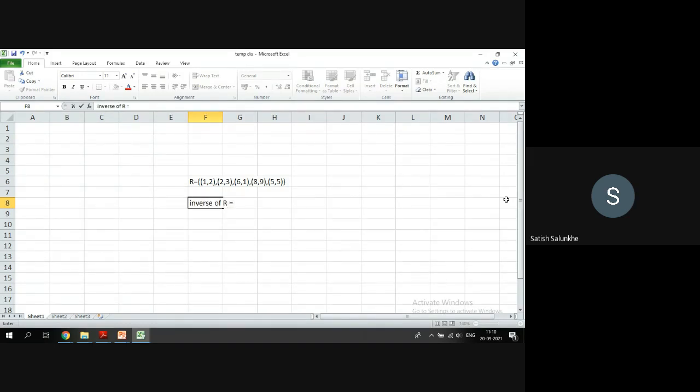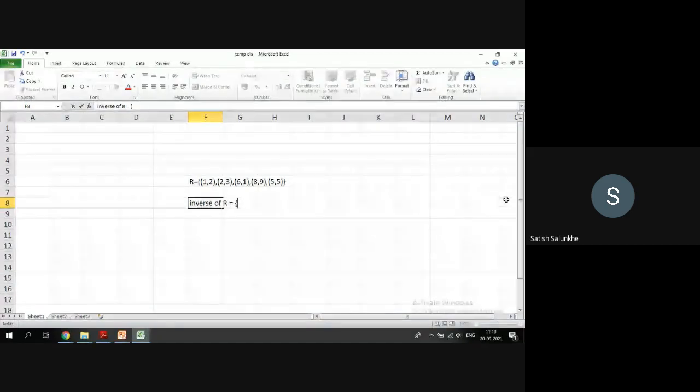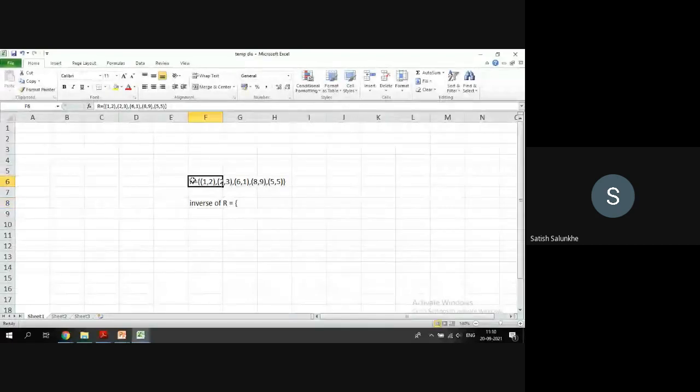What will be the cardinality of inverse of R? Can anybody unmute and discuss? Let us discuss. What is cardinality of R? At least answer this question. What is cardinality of R? Am I audible?